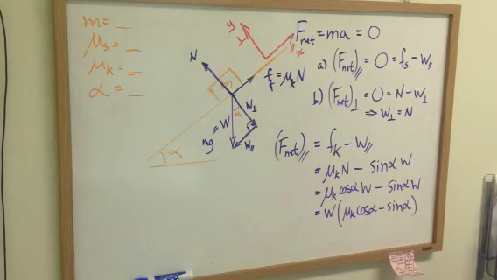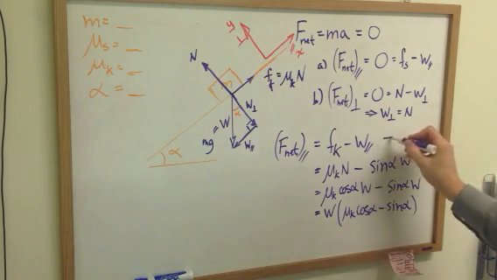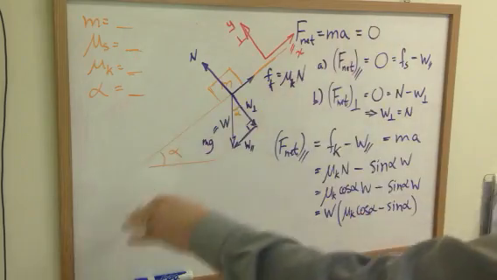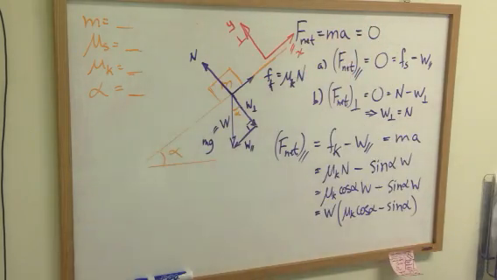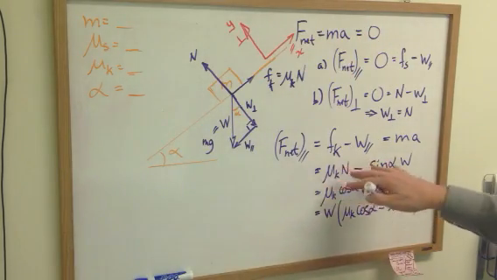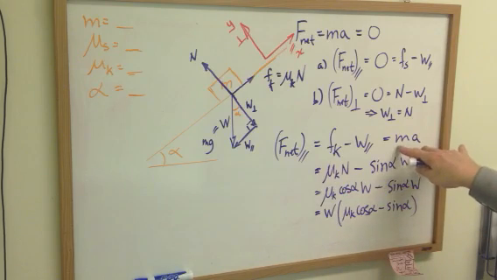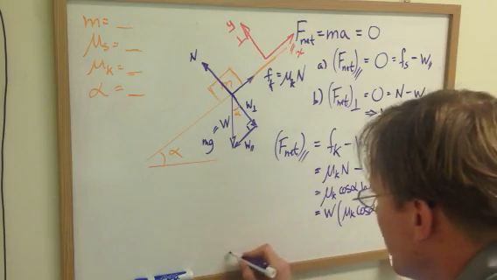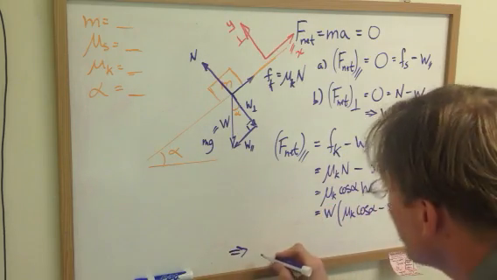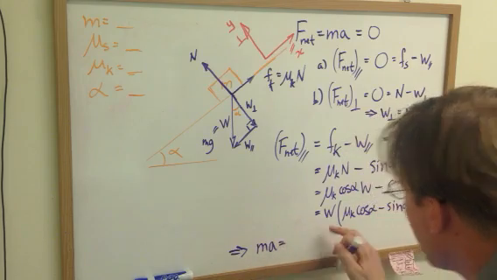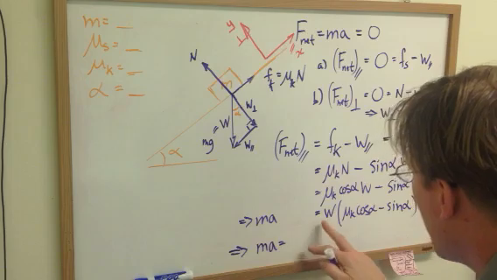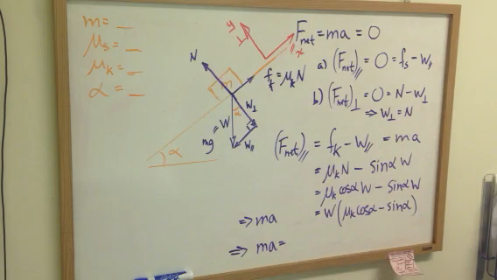And if there's a net force, all net forces equal MA. It's no longer zero in the parallel direction. It's already been said it's starting to accelerate down the hill. If there is a net force, and we're calculating it right here, it's going to cause this mass to accelerate. So we have the net force is equal to MA, and MA is equal to this weight.